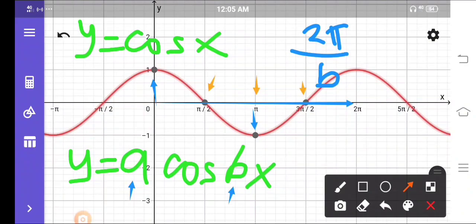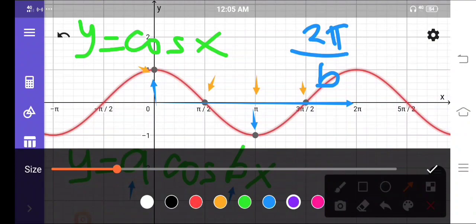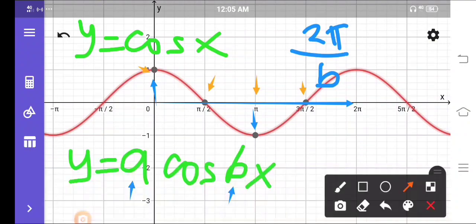So the key points are 0 and 1, pi over 2 and 0, pi and negative 1, 3 pi over 2 and 0, and 2 pi and 1.